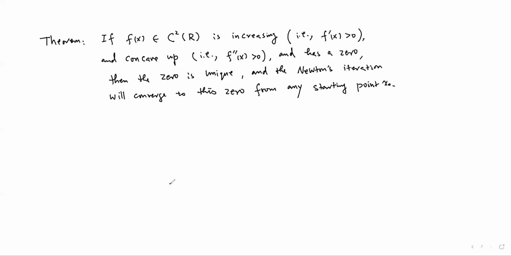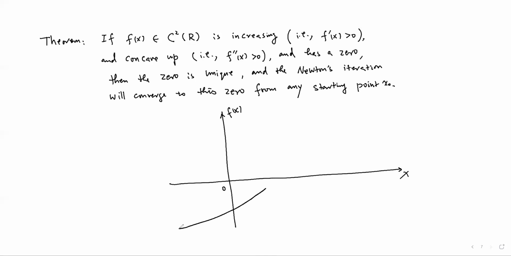Let me draw a diagram here. The function is increasing and concave up and has a 0. So the graph is increasing and concave up. There is a root here. Arbitrarily pick a point x0.